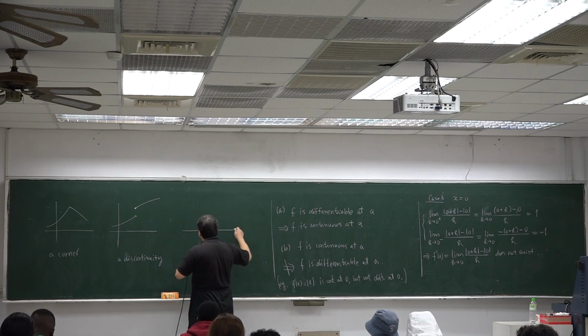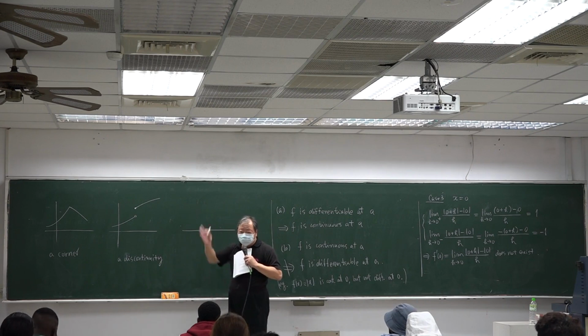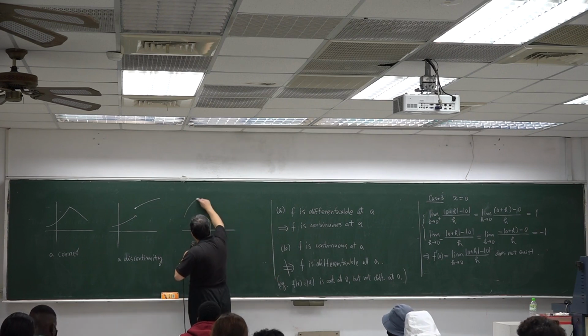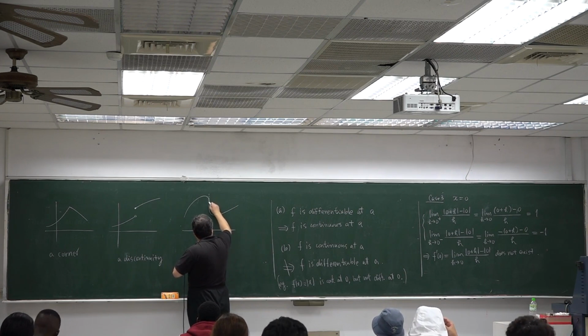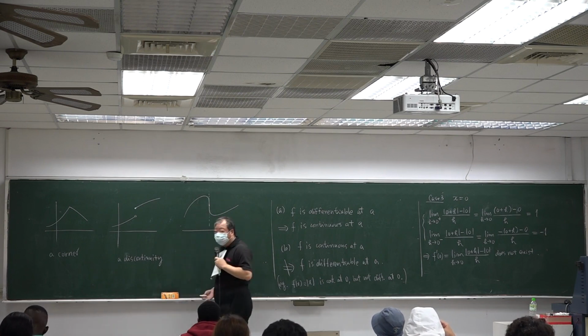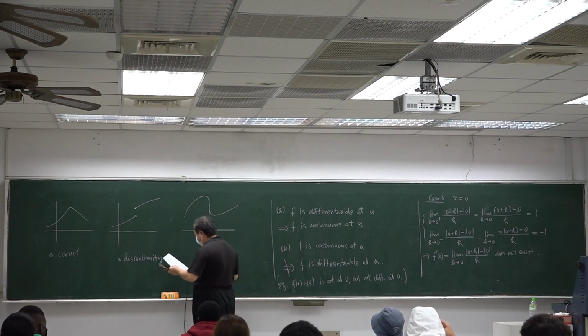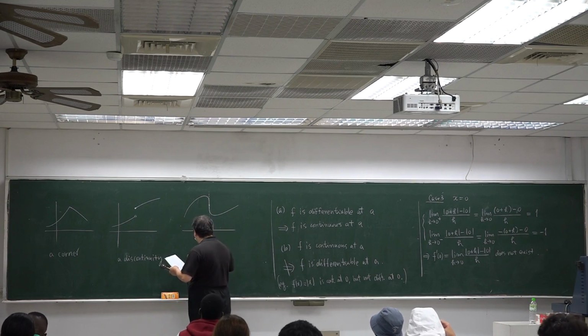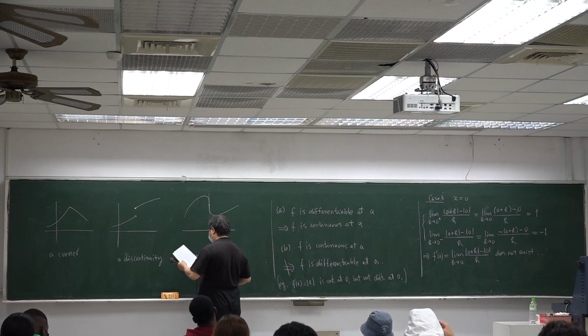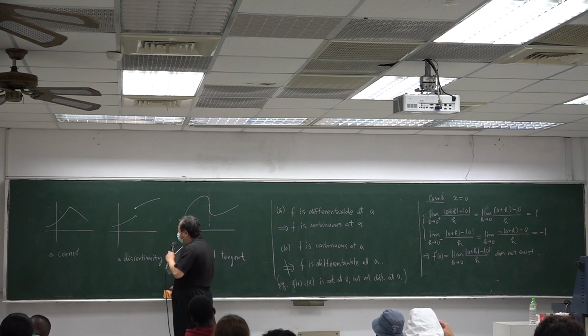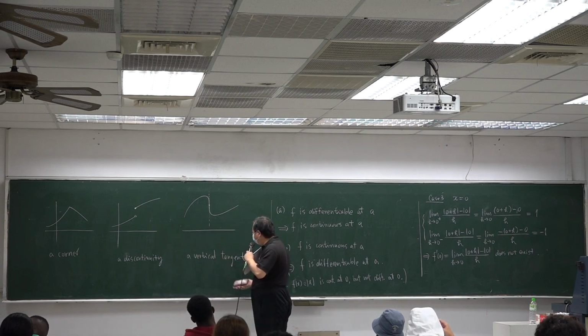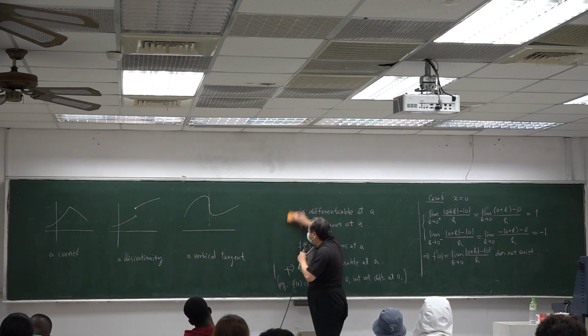And finally, even smooth, but the tangent is a vertical straight line. Smooth, but the tangent is a vertical line without slope. Okay. Maybe vertical tangent seems not so precise.